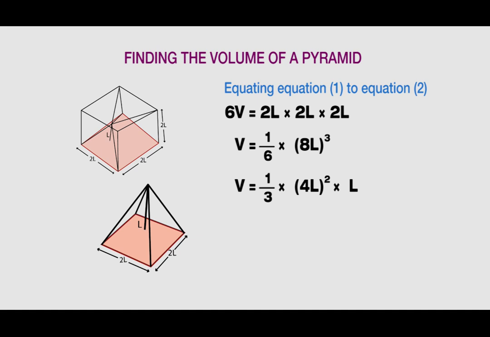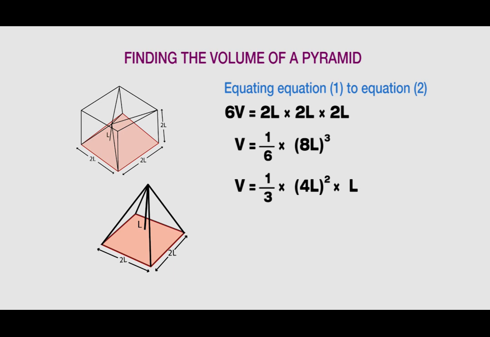So the volume now becomes 1/3 multiplied by 2L all squared multiplied by L. We note from our previous discussions that the area of a face of the cube in diagram A is given by A equals 2L all squared, because the side is 2L. Therefore, the area, which is length times length, will be 2L multiplied by itself. In diagram B, L represents the height H of the pyramid.